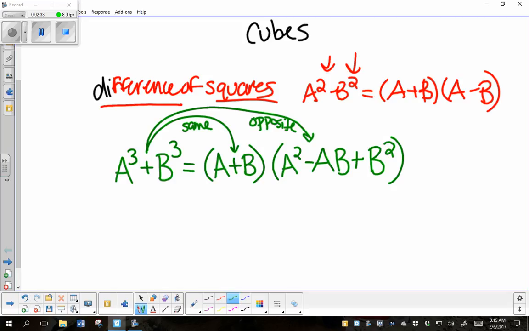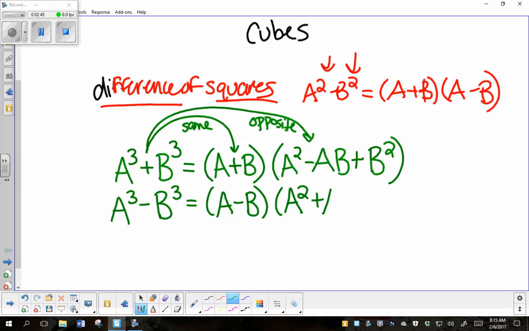So that's a sum of cubes. Now a difference of cubes looks very similar. If we have two things cubed that are subtracted, we can always factor that into a minus b times a squared plus ab plus b squared. And this rule I said with the same sign, opposite sign, you'll notice that still works.